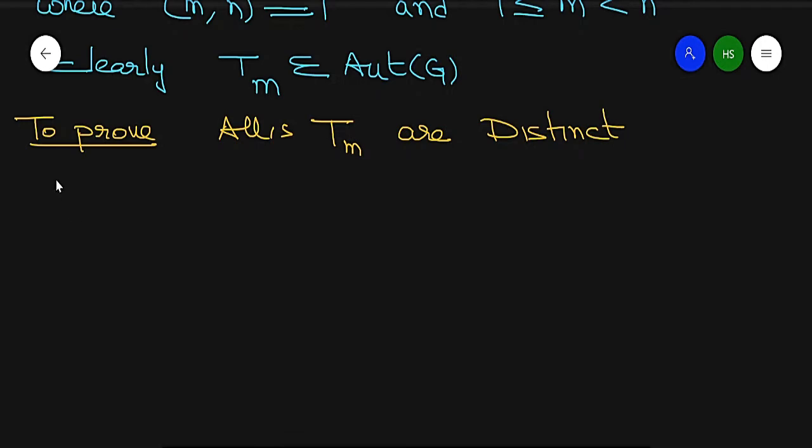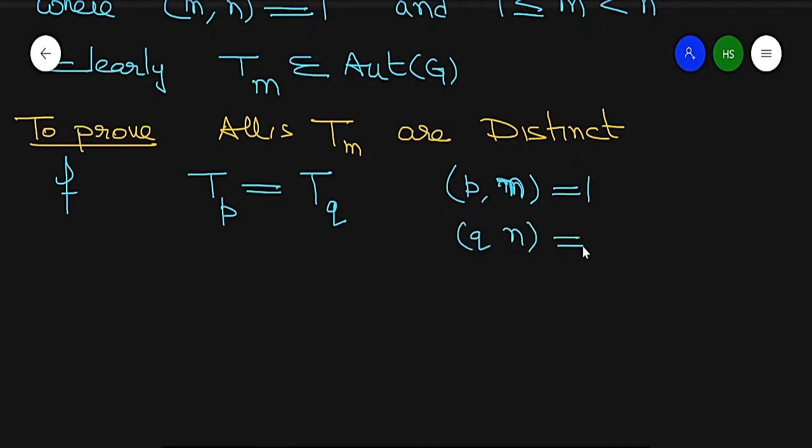Now to prove this, I take Tp and Tq and suppose they are equal, where GCD of p with n is equal to 1 and GCD of q with n is equal to 1, and p and q are less than n and greater than or equal to 1.